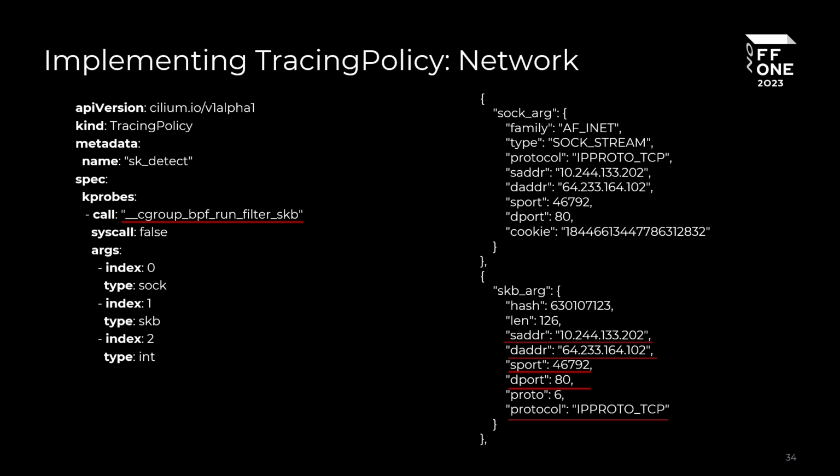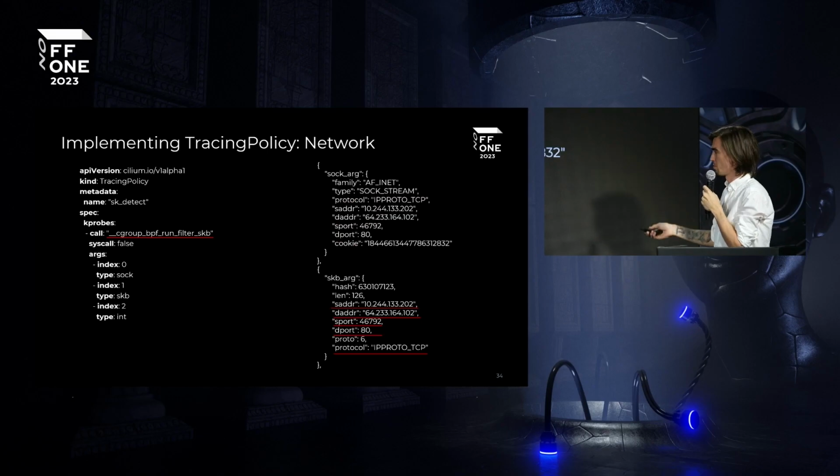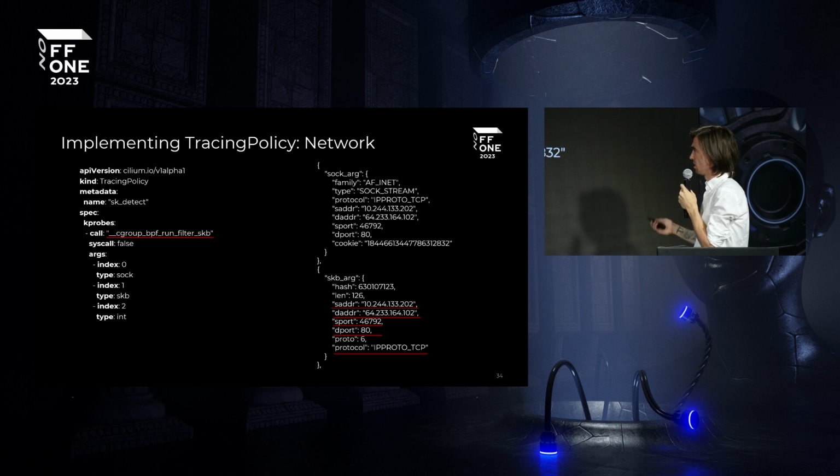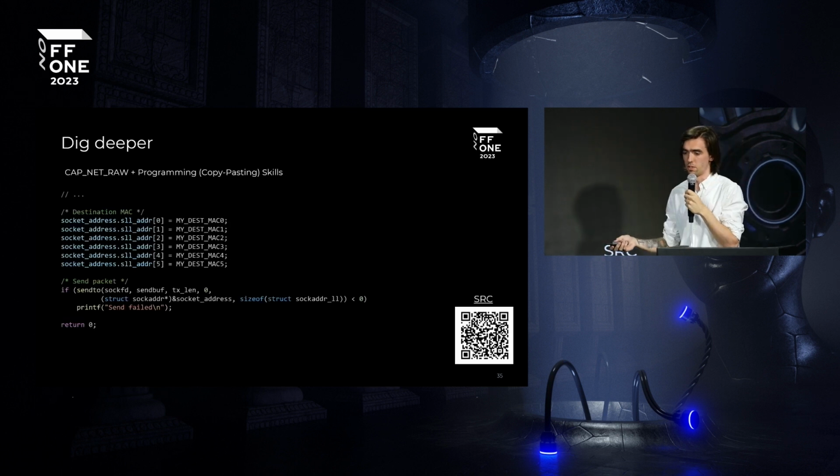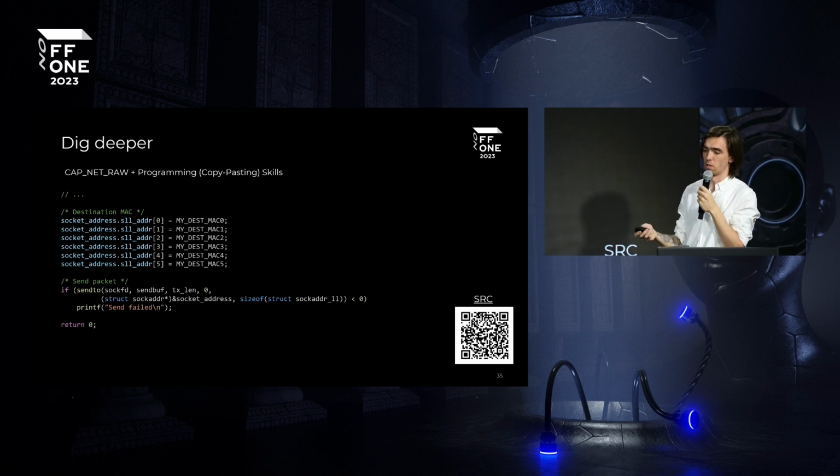The second example is about the network part. The Tetragon repository has a tool for registering network activities. It registers the source, the destination, all the ports, and even the protocol. So you can use it out of the box, but you can bypass it at the L2 level.